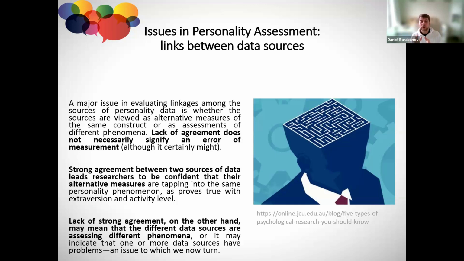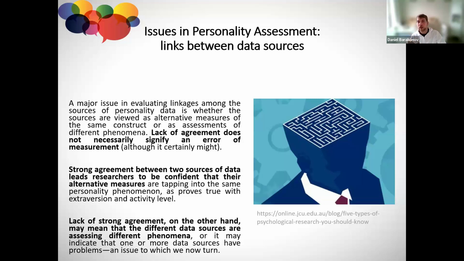Strong agreement, on the other hand, between two or more sources of data can lead to confidence that, yes, everything is okay, that they are alternative measurements of the same construct. Lack of strong agreement means that there are some problems.